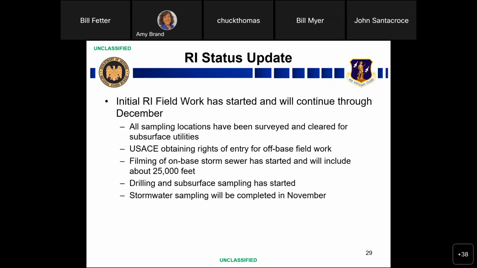To date, we've drilled 55 soil borings and collected about 110 soil samples. Yesterday, we started some of the temporary well RAB groundwater sampling that we're going to do. We have about 5 of those temporary wells installed at this point.